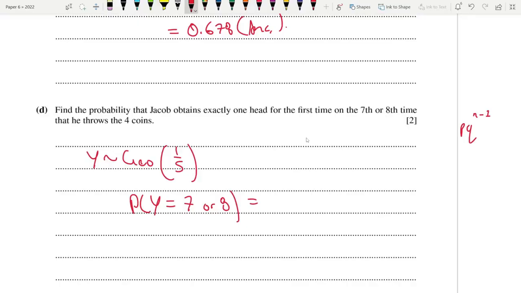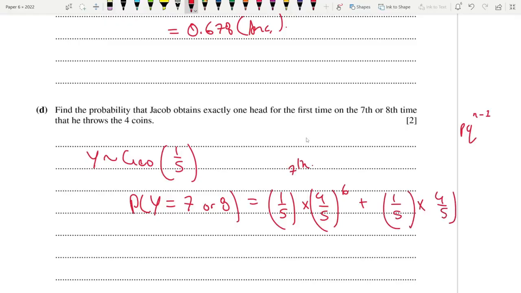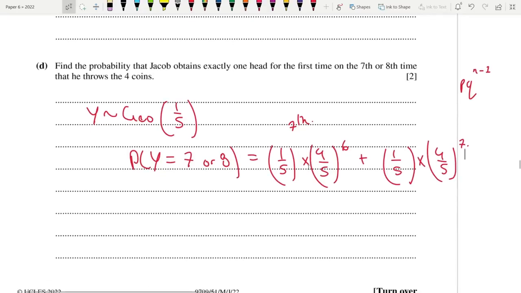So for example, if we want success on the 7th try, we need to fail 6 times, right? So that's 1 by 5 times q failure, 4 by 5 to the power 7 minus 1, which is 6. This is success on the 7th time. Or success on the 8th time, which is 1 by 5 times 4 by 5 to the power 7. That means you failed 7 times and then succeeded on the 8th try.